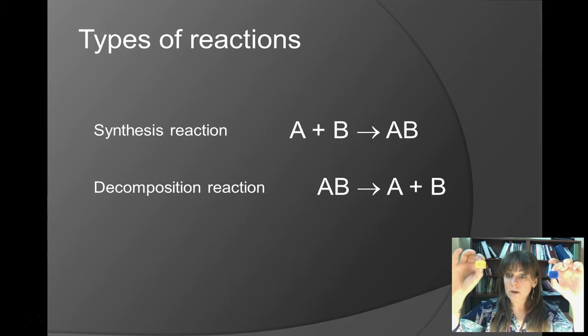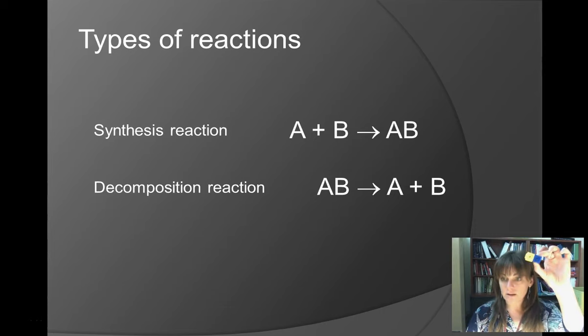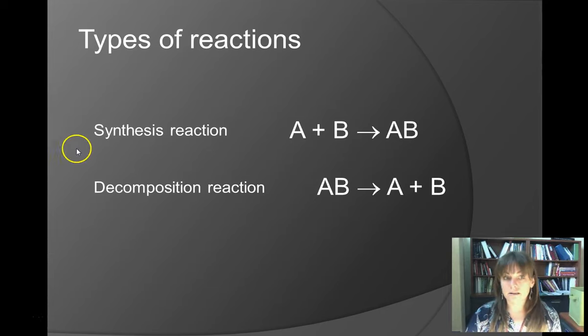And so to make the parts of the cell, we have to take these individual parts and smush them back together and then stick them inside of a cell in the right location to build up our cell. And so again, synthesis is taking small molecules and building large ones. Decomposition is taking large molecules and making small ones.